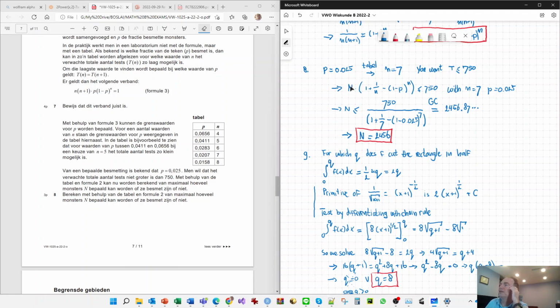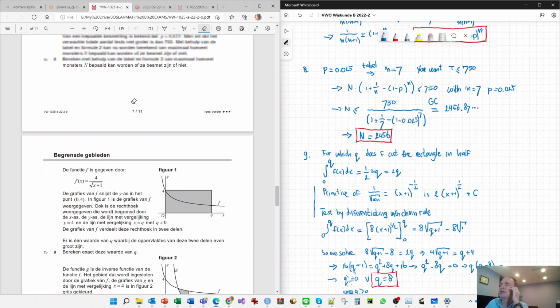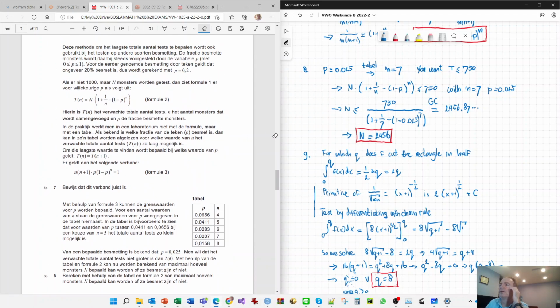So that means just substituting what we have for T here, demand that this is smaller or equal to 750, but with n equal to 7 and p is 0.025.